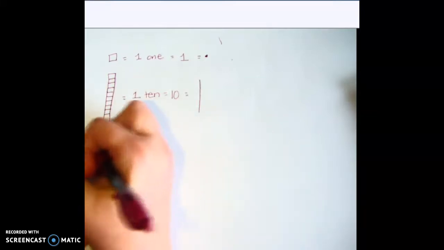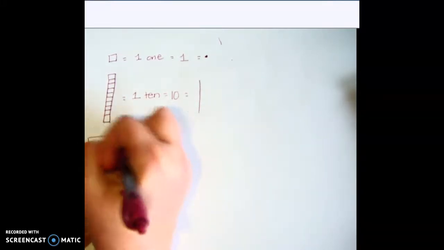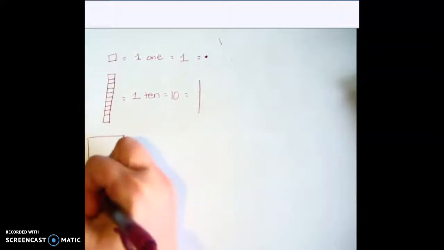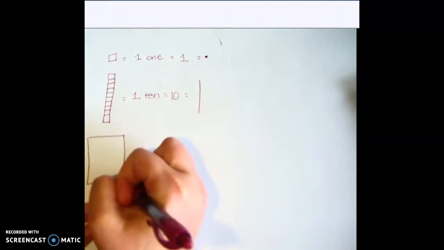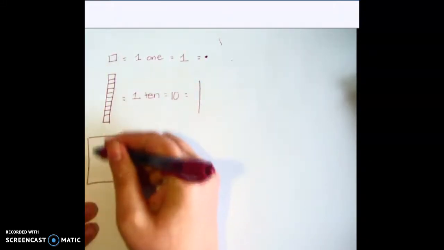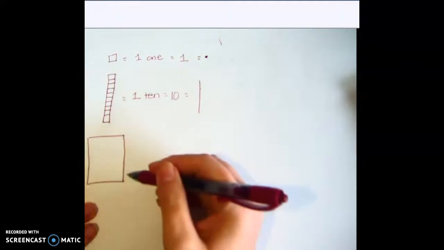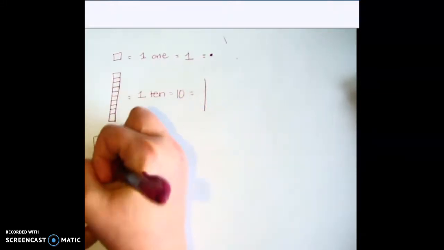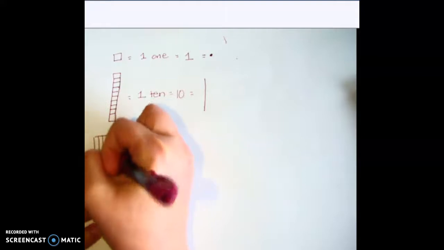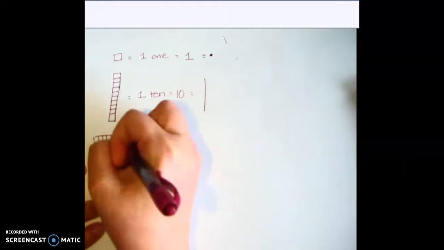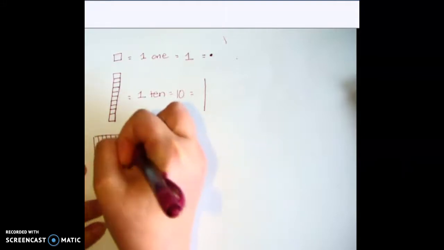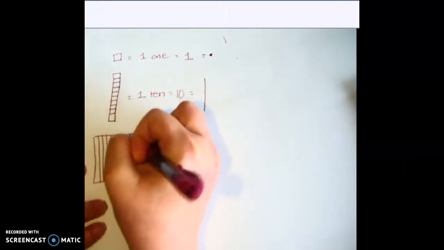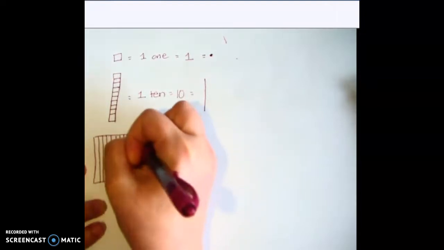And then the next one that we have is our 100. Just a reminder, it's also called a flat, and it's got 10 longs inside of it. So 1, 2, 3, 4, 5, 6, 7, 8, and I even have to extend it to add some more, 9 and 10.